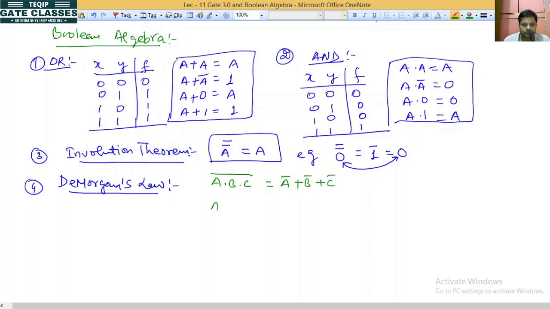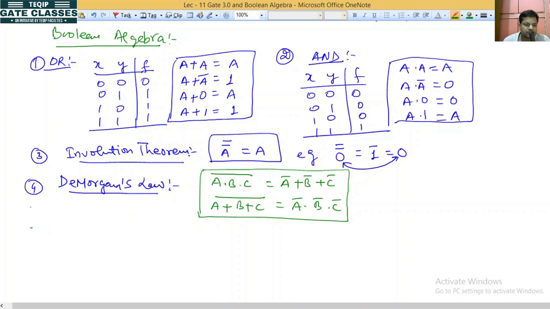Okay na? So either this or this will be, okay na? This formula is known as De Morgan's law. Now the fifth one.